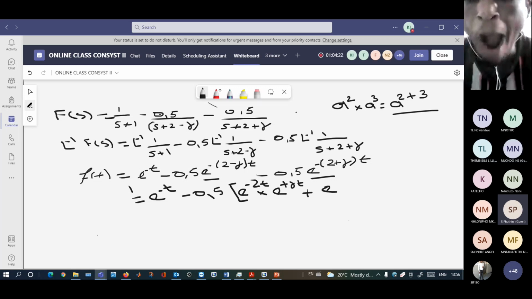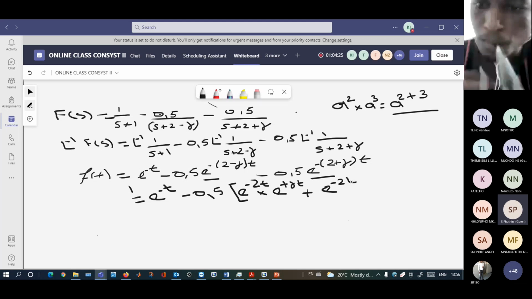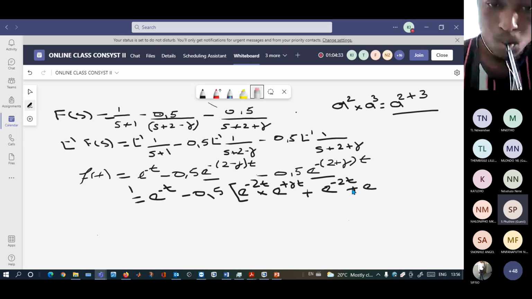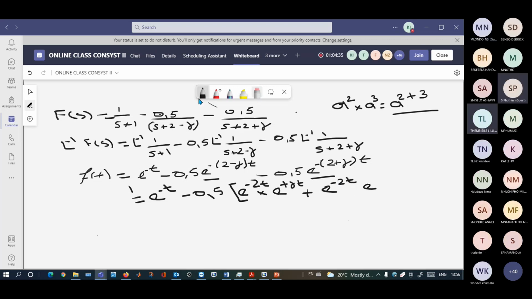So plus minus e minus 2t times minus jt, plus e to the j minus 2t. Okay, so we can close this one, knowing that this one and this one are the same.